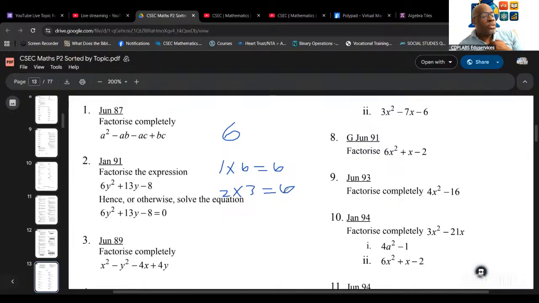Is it addition? Is it subtraction? Is it multiplication? Is it division? Let's think about it. What do you think it is?